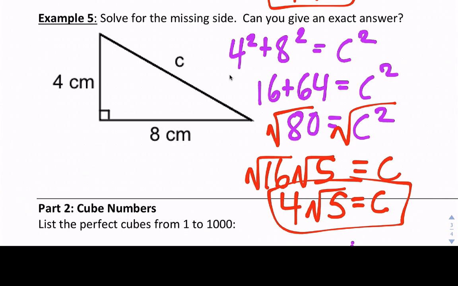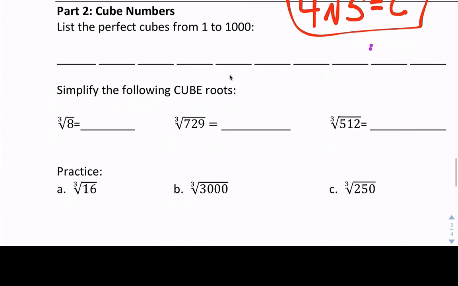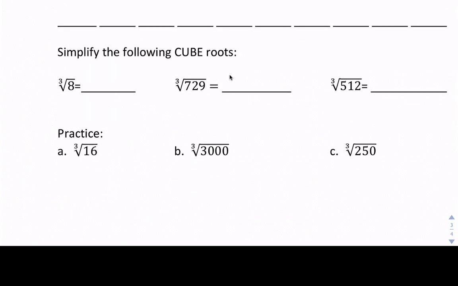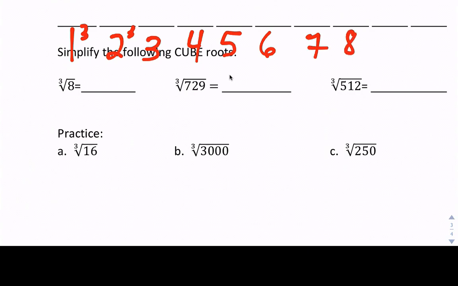All right, so we can simplify square numbers by pulling out the biggest square number, and we can do the same thing with perfect cubes. So let's list all the perfect cubes from 1 to 1,000. Okay, so here we have 1 cubed, 2 cubed, 3 cubed. I'm going to put the numbers I'm cubing on the bottom. It helps me keep track of them.